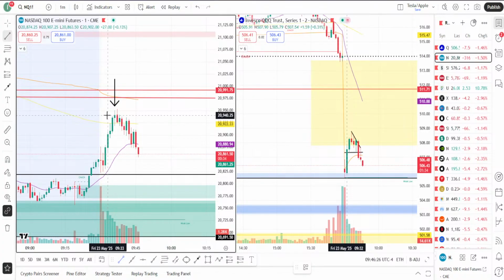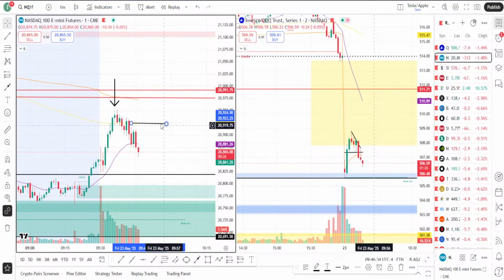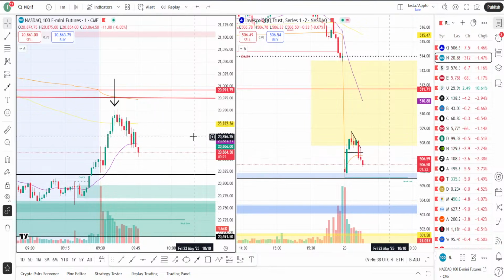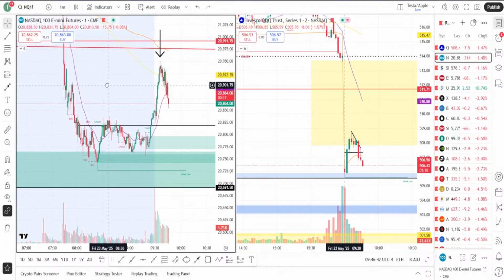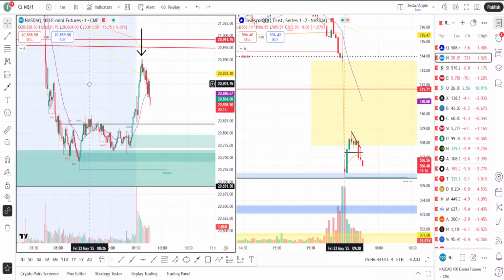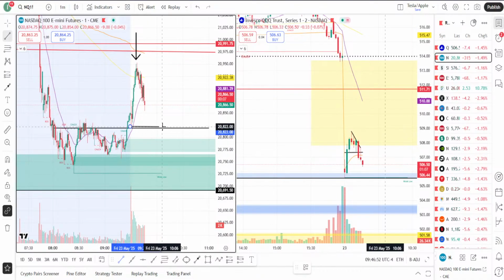See those two little wicks right there? Reverse right from there. It's probably targeting these lows right here.